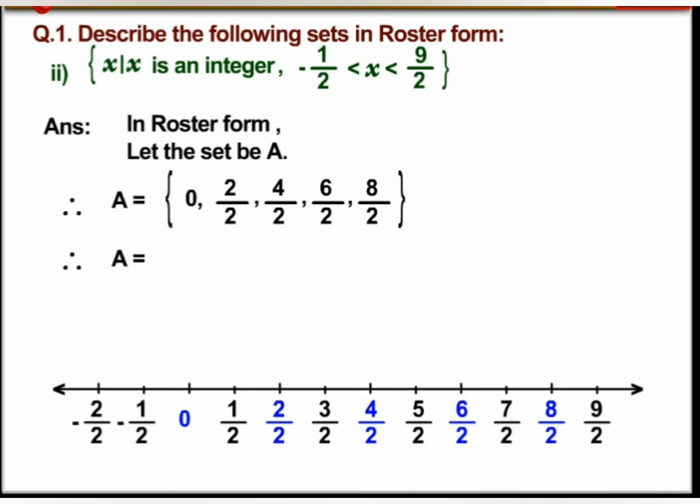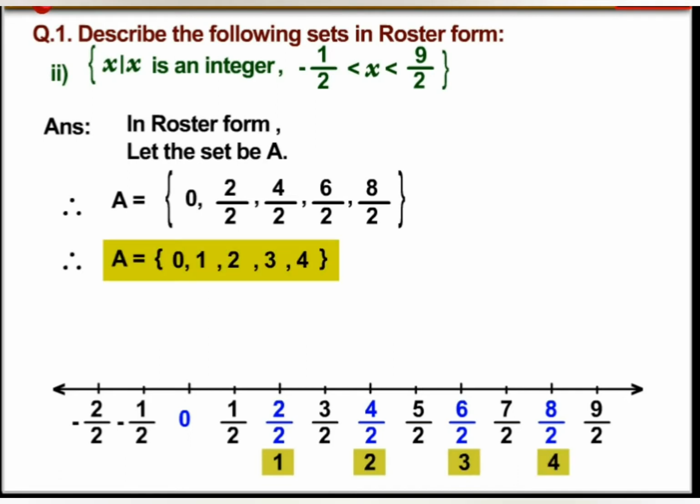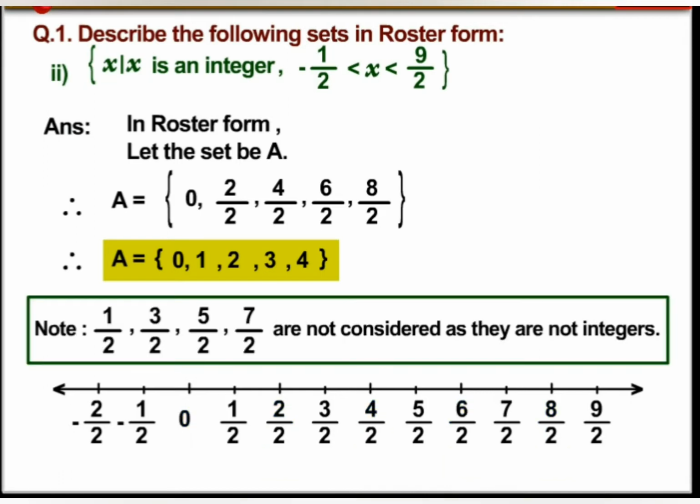Therefore, A = {0, 1, 2, 3, 4}. Please note 1 upon 2, 3 upon 2 and 7 upon 2 are not considered as they are not integers.